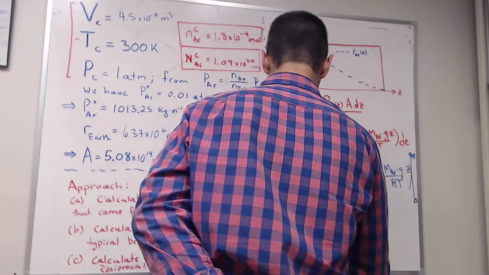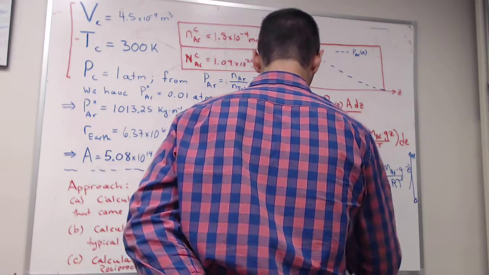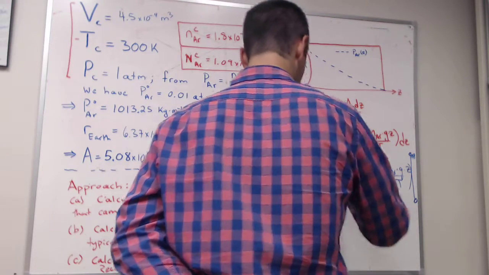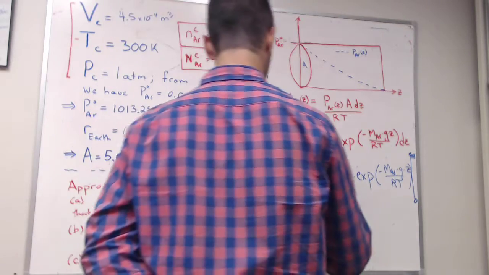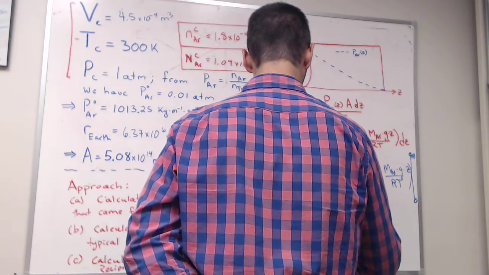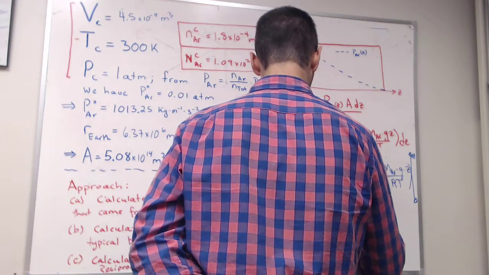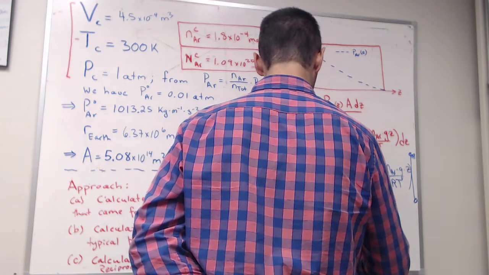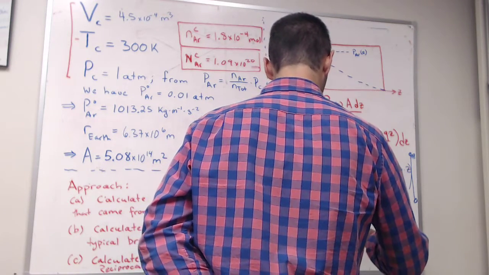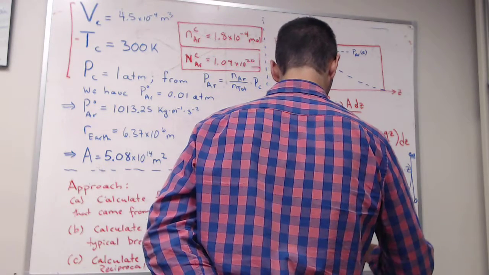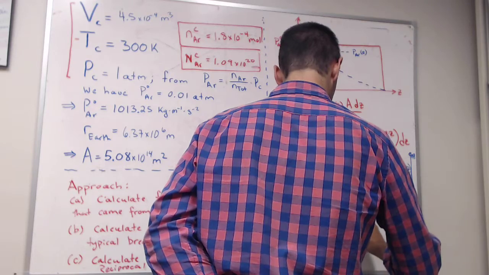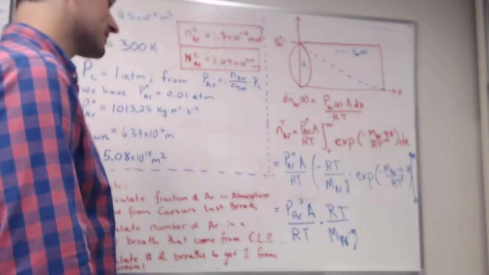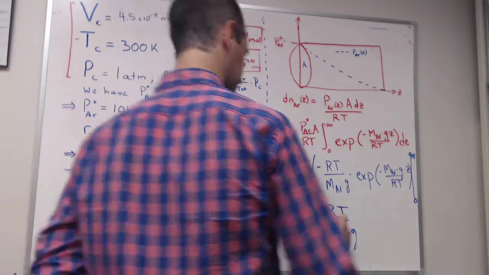So then what that means is that overall, when I work out all of my terms, I'm going to have a negative hitting this negative sign, so this is going to turn it into a positive. So P of argon 0 A over RT times RT over M of argon times g. We can see that our RTs cancel.